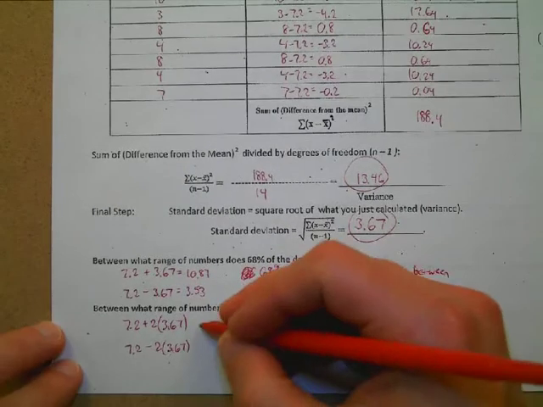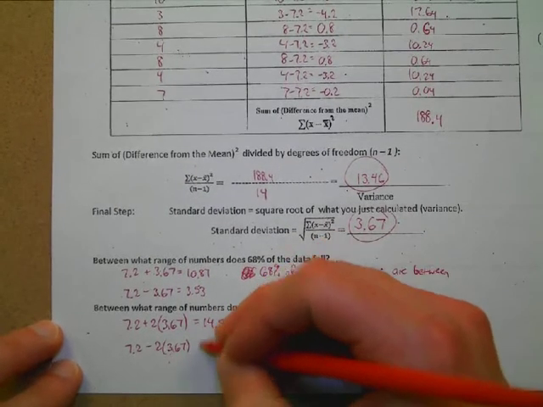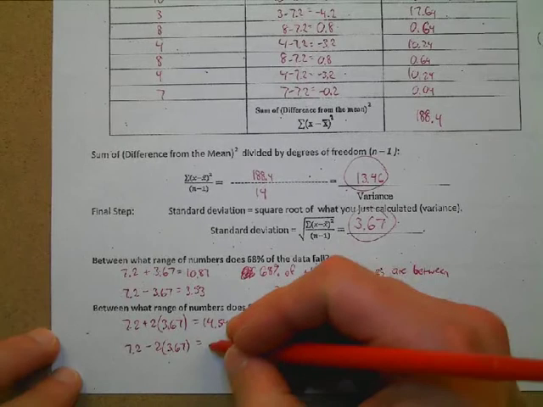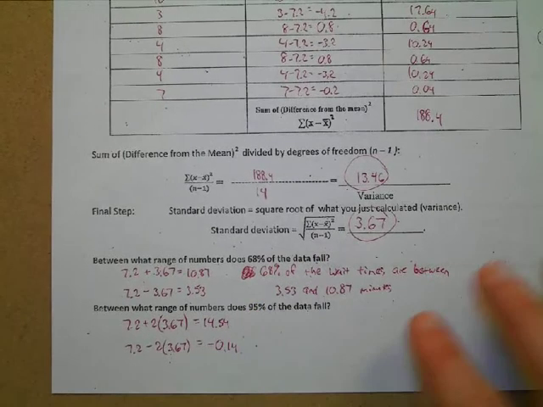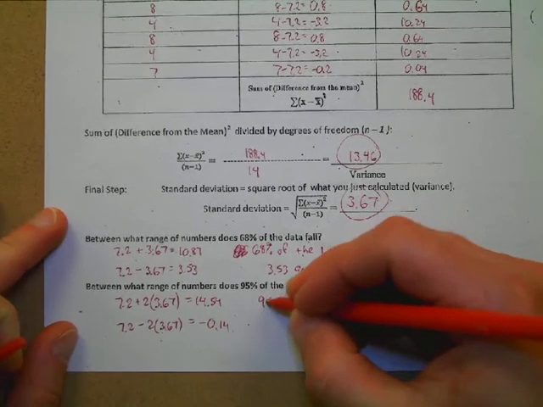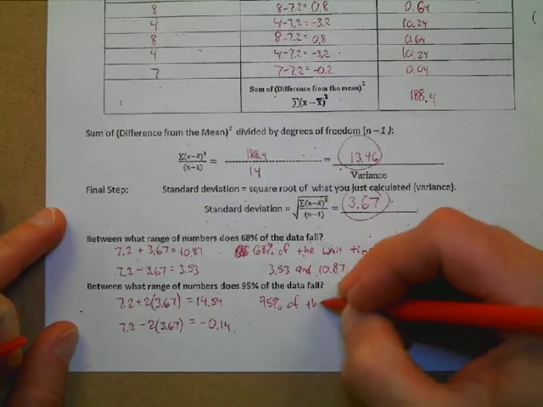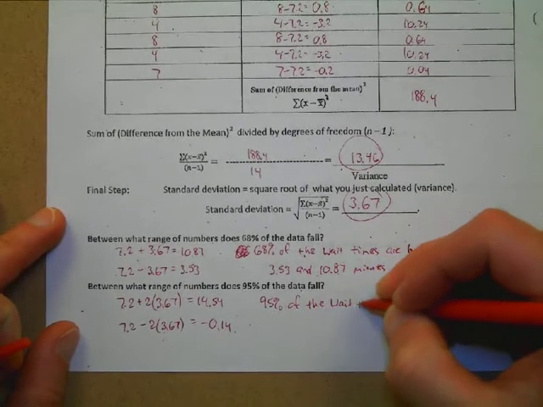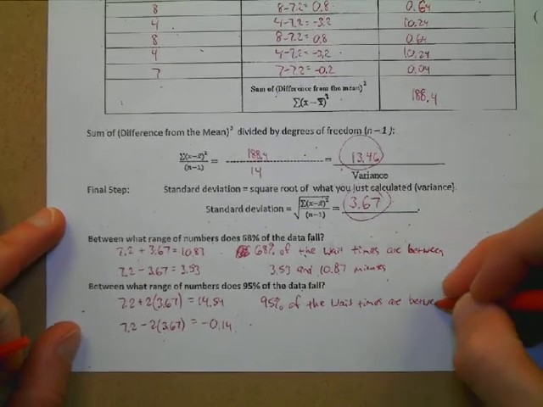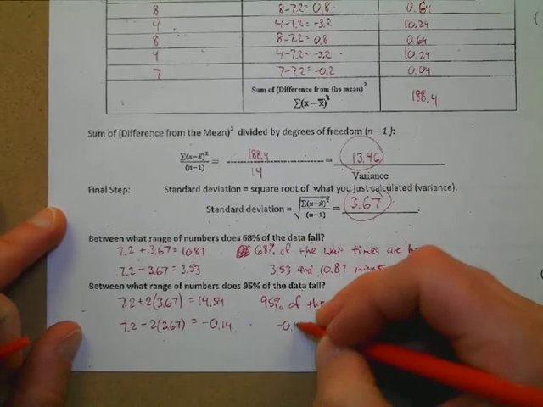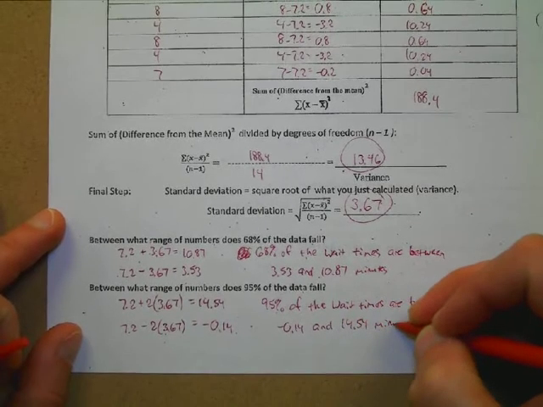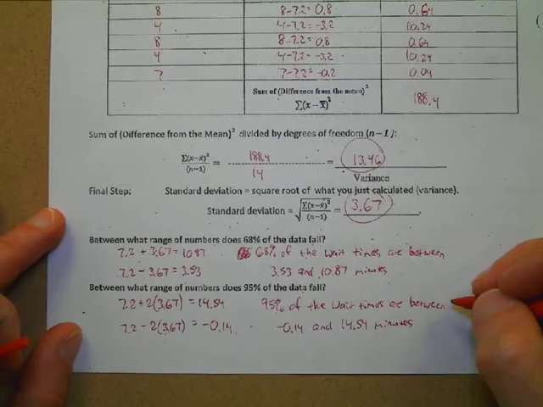So 14.54 and negative 0.14. Obviously that lower limit is completely impossible, but 95% of the wait times are between negative 0.14 and 14.54 minutes. In fact, in this case, it's 100%, but anyway.